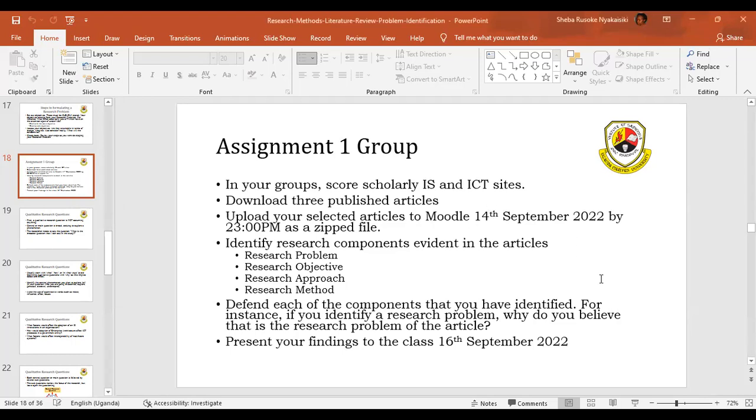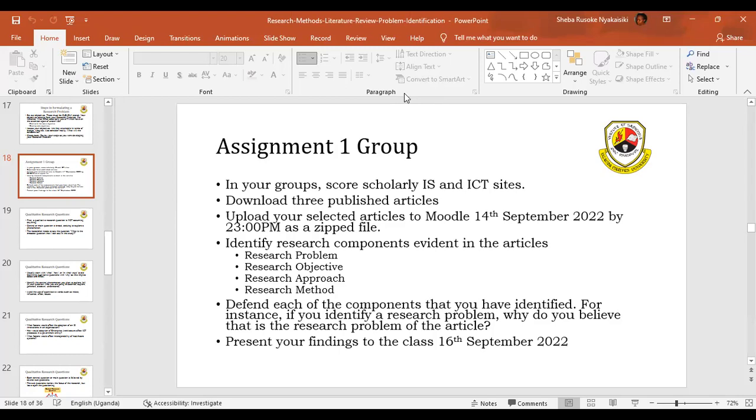The other thing, this was supposed to be done in groups. I've not yet received a list of the groups. Are you all just getting to know each other? Doctor, we formulated some groups for the ICT class. Our class representative will share those.